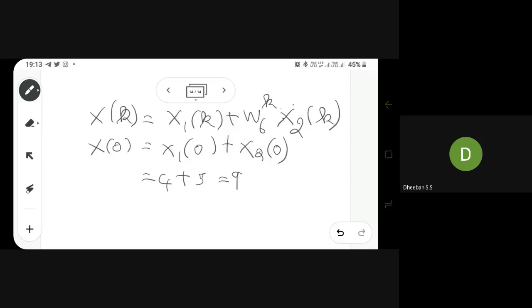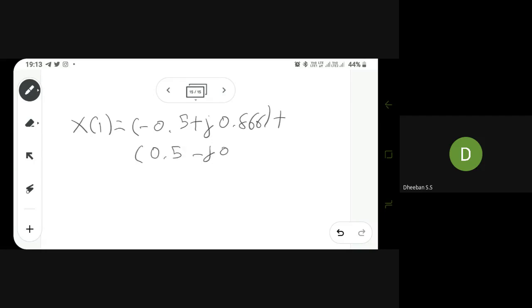Okay. And next, x of 1 is equal to x1 of 1 plus w6 of 1 x2 of 1. So x of 1 will be minus 0.5 plus j 0.866, plus the same value but the sign differs, 0.866, into minus 1.